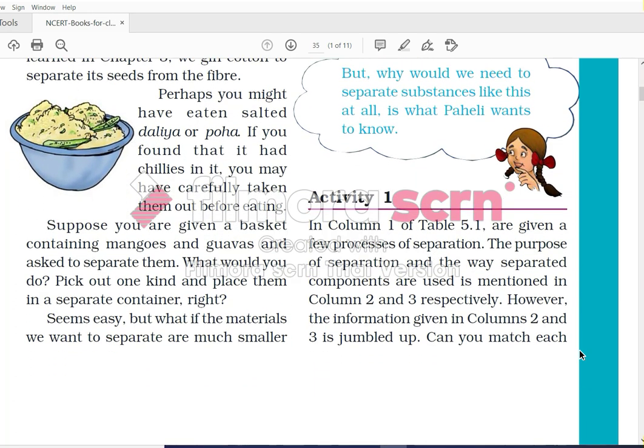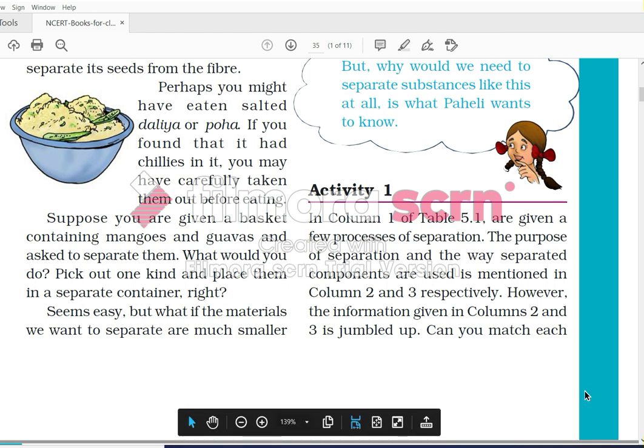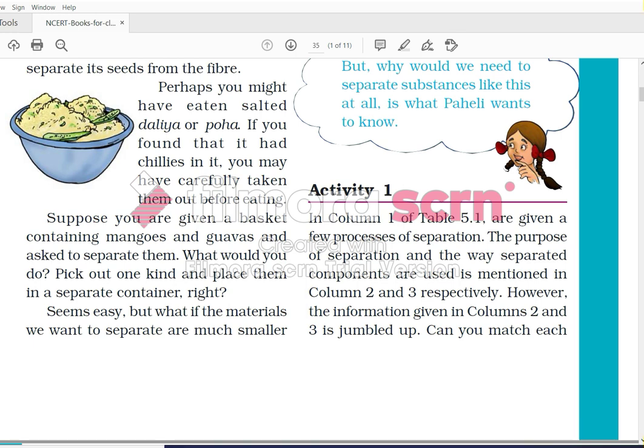Separating mangoes and guavas from a huge bowl is considered an easy process because they are large sized materials, and on the other hand, the salt and the sand are considered small sized materials which are impossible to separate.